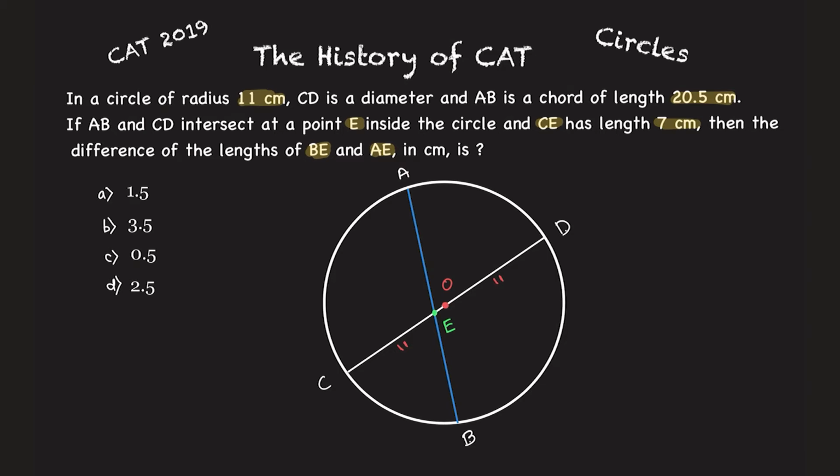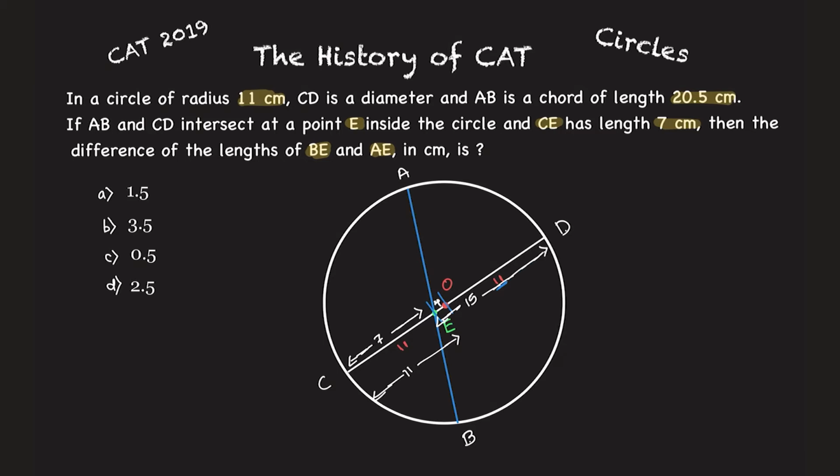CE is equal to 7, so this part is 7. Now, the entire radius part is 11, so what will be remaining here? The short part will be 4, because this entire thing is 11. 4 plus 11 is 15, so this entire part will turn out to be 15.